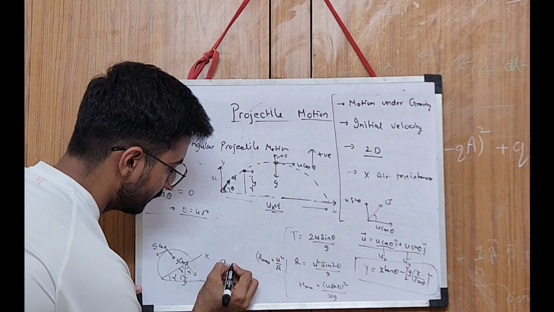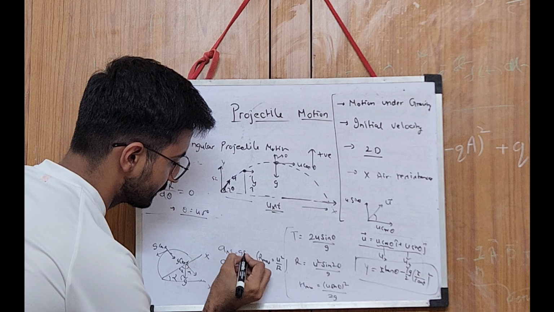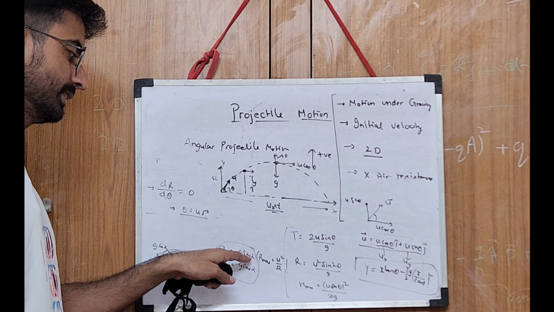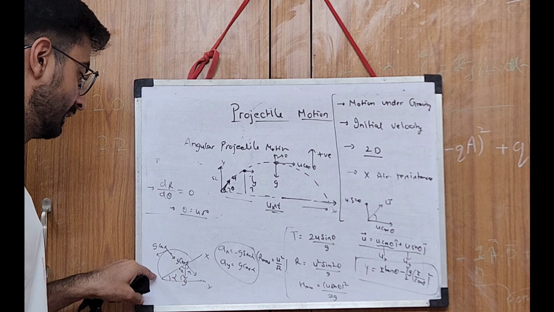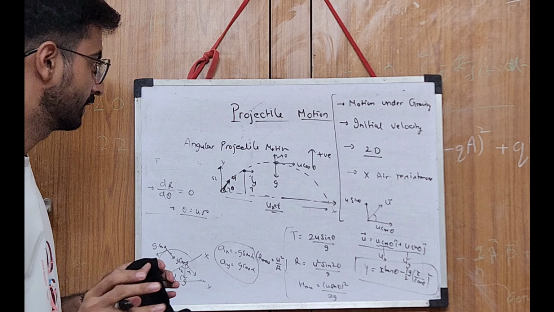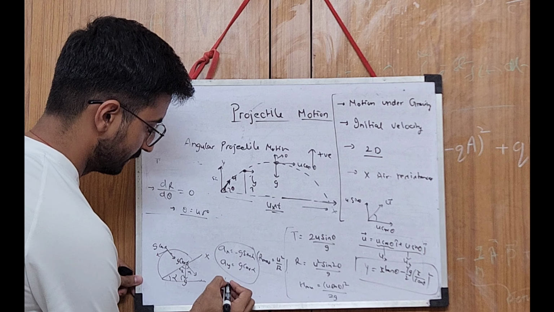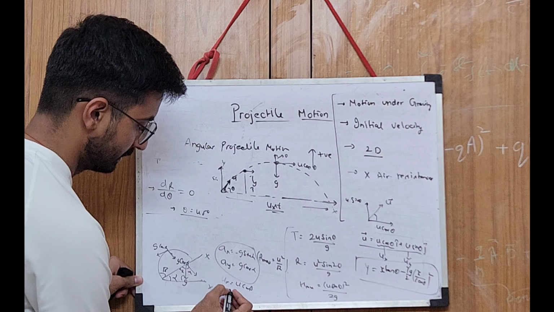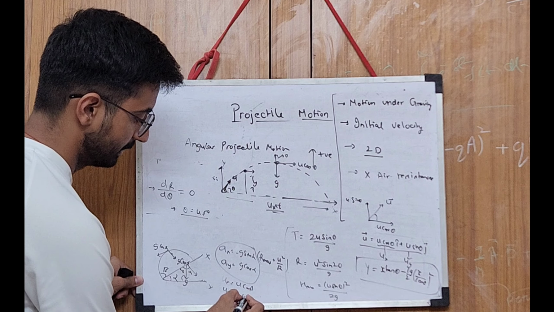So then ay will be g cos alpha, and ax will be minus g sin alpha. So we have to take ax equal to minus g sin alpha, and ay equal to g cos alpha to solve this equation. So this type of projectile motion is inclined motion. This is how we are going to solve this, and we have to take ux equal to u cos beta, let's say this is beta, and uy equal to u sin beta.